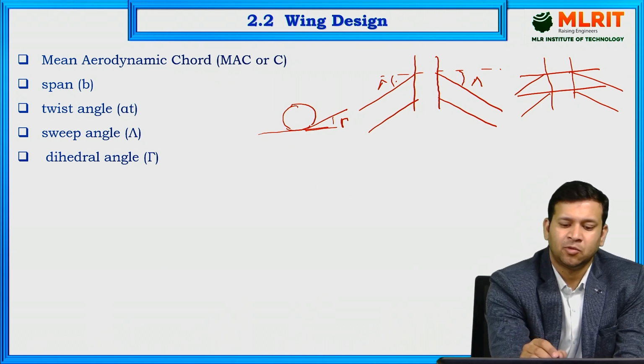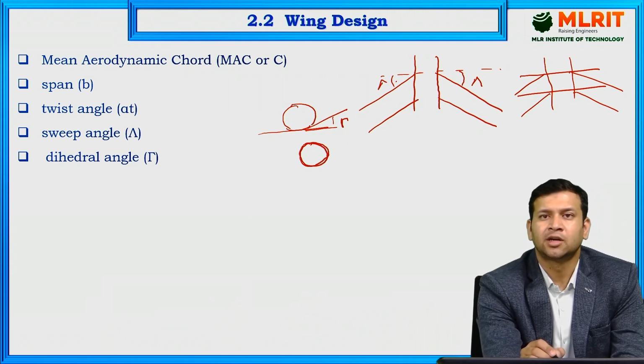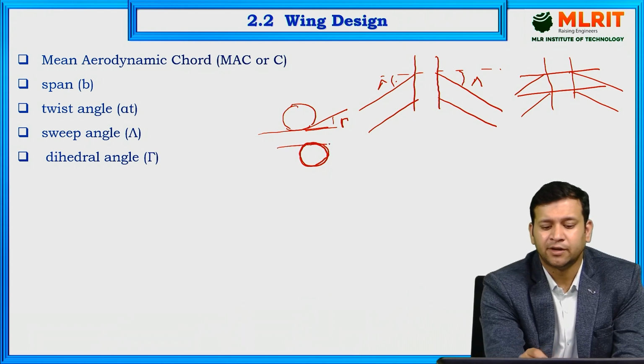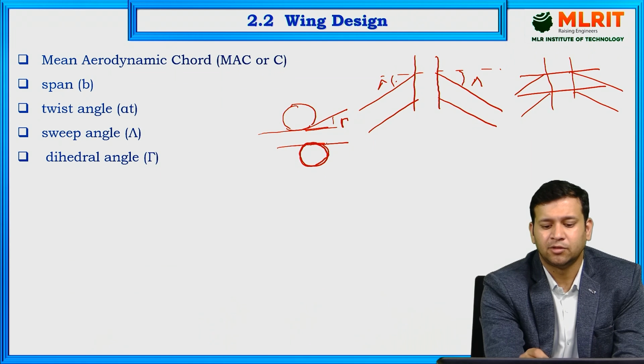Similarly, most of the cargo aircraft, the aircraft which carry the logistics, will be having high wing configuration, but slightly down. Right.